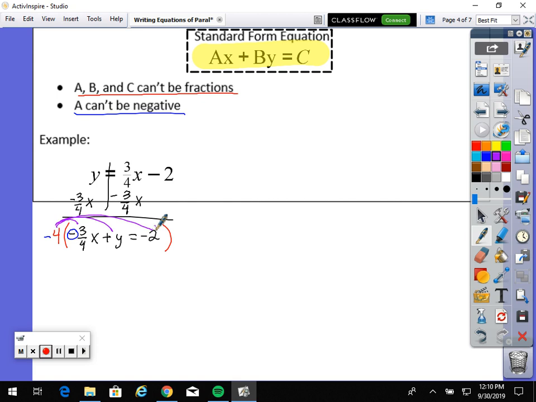So negative 4 times negative 3 over 4 is going to give me a positive 3x. Negative 4 times y is going to give me a minus 4y. And then negative 4 times negative 2 is going to give me a positive 8. So there we have it in standard form. We're going to be using all three of those forms to write our other equations.